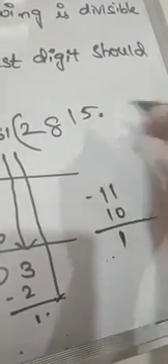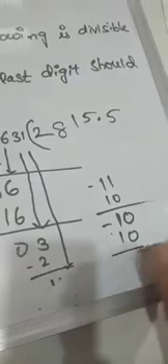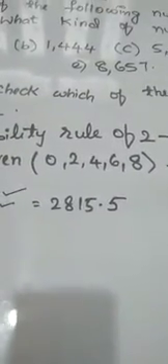If we want to continue, we can keep a decimal point and take 0. You know how to do this? Yes. So this will become 10. 2 fives are 10, so 10 minus 10 is 0. After the decimal point, we take 0. So we get 2815.5. So this is not divisible by 2.